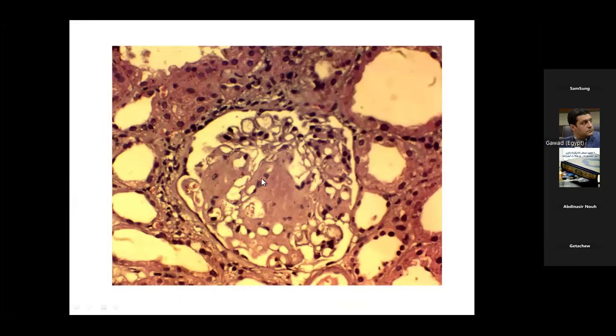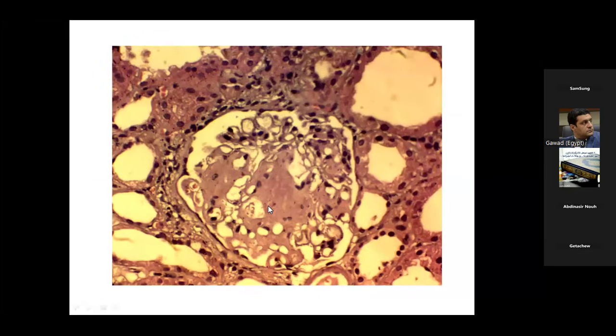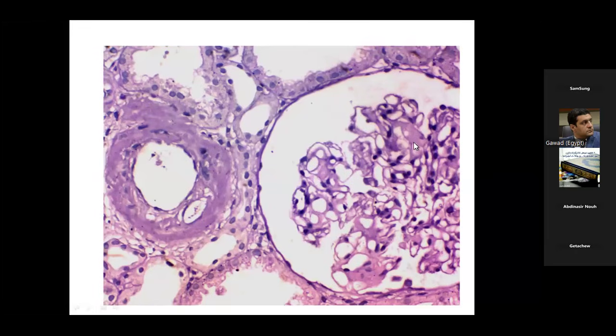Here, it's also expanded, but a more aggressive expansion. This could be like a trick because it could be not easy to detect. But with more experience, as you see, you will know that that's not normal. It's expanded, it's more fluffy. That's more expanded. It causes some nodularity here. What about this area?